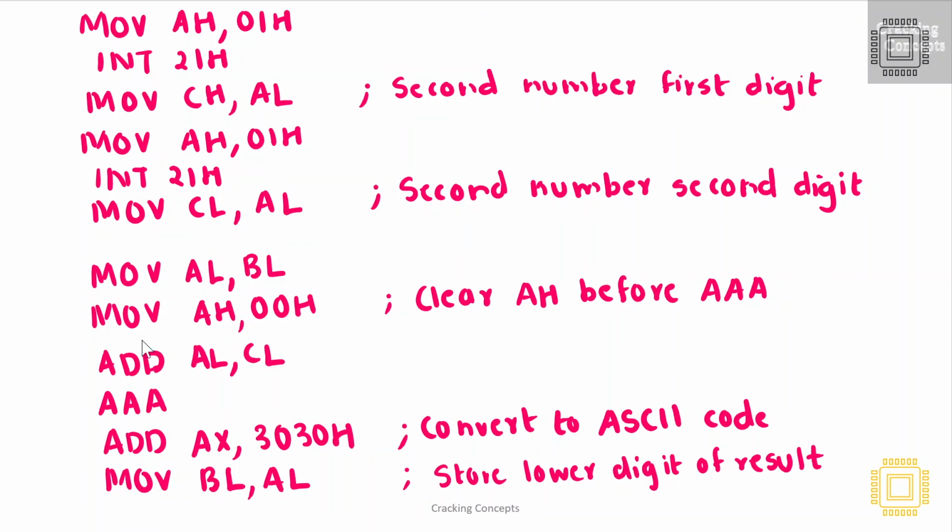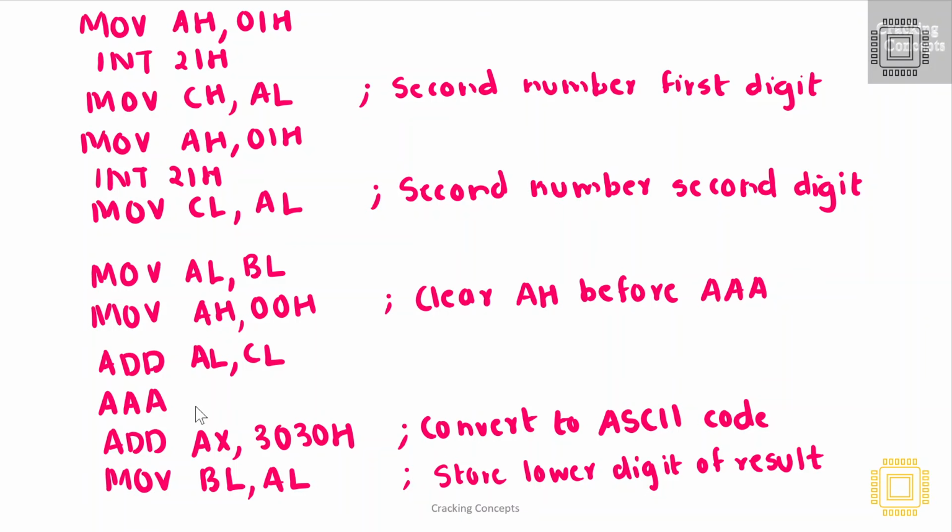So I've cleared the value using MOV AH, 00H. Now I'll perform addition over the lower digits of both the numbers, AL and CL. AL actually contains the value in BL. I'll add and the result will be in AL. If there is a carry, it will be stored to AH.